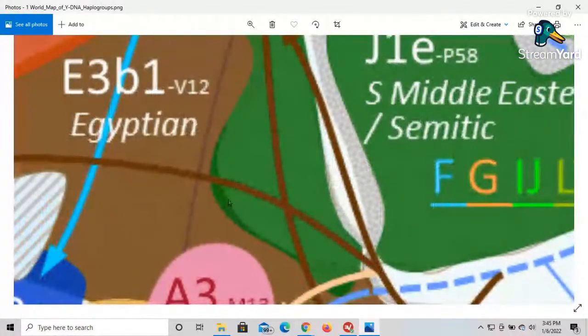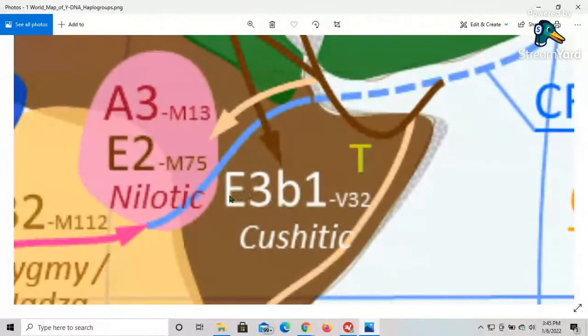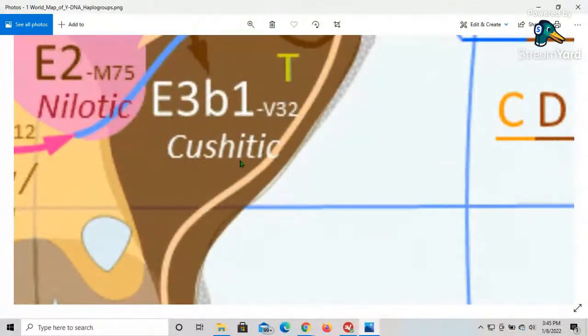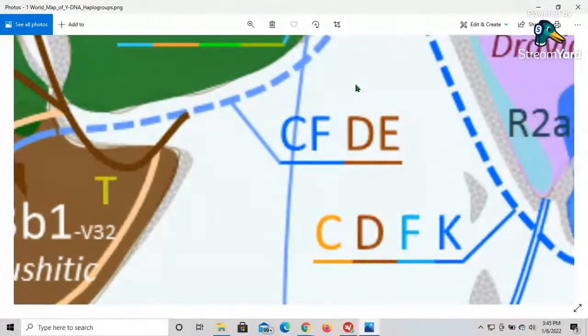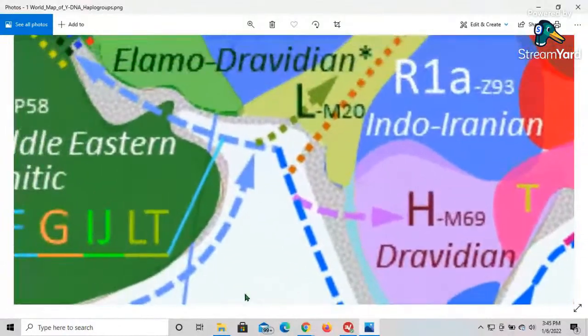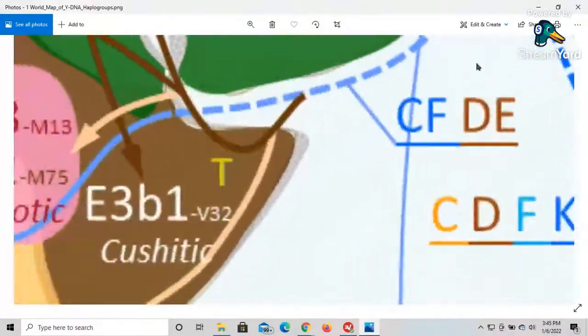And here's another given. Cushite. Cush is one of the grandsons of Noah. The same as Elam. Elam is a grandson of Noah. Cush is a grandson of Noah. And his name is here.